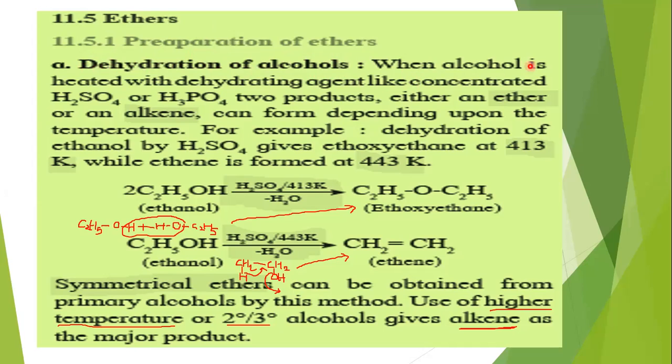When alcohol is heated with dehydrating agent like concentrated H2SO4 or H3PO4, two products, either ether or an alkene, can form depending on the temperature.